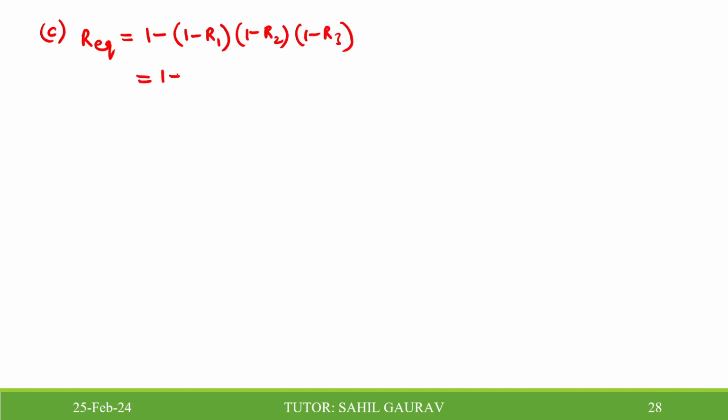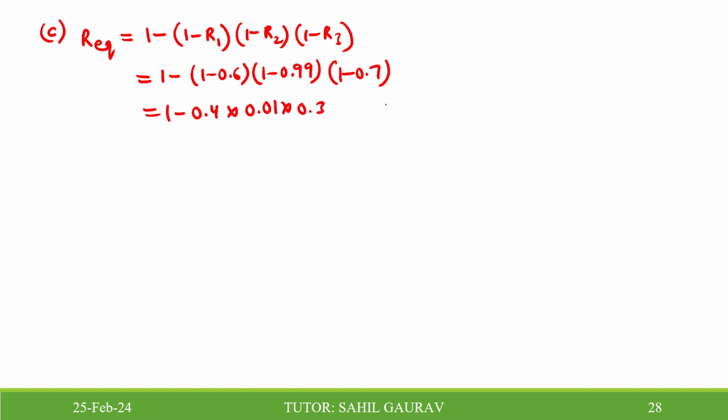So it will be 1 minus (1 minus 0.6), (1 minus 0.99) as given, and then R3 is given. So it is 1 minus 0.4 into 0.01 into 0.3. So it will give you 0.9988 as the answer.